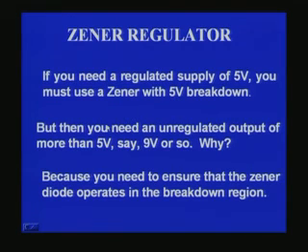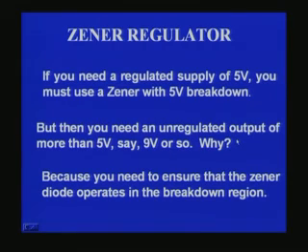But you should remember the unregulated power supply that you use should have a voltage much larger than the Zener breakdown voltage you choose. That is, if I want a 5 volts regulated power supply, I should start with an unregulated power supply which is maybe 9 volts or 10 volts. It cannot be very close to 5 volts, which is the breakdown voltage of the Zener that I have chosen.